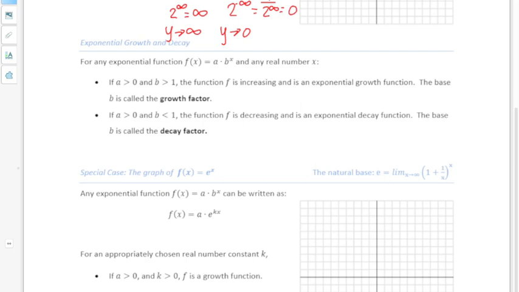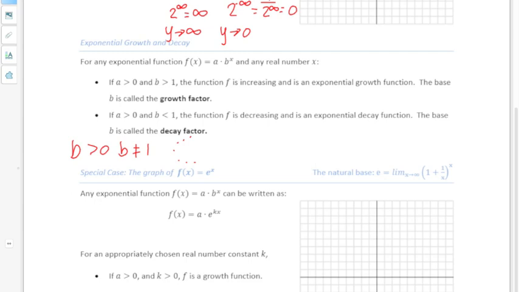And this is all remembering that b has to be greater than 0, and b is not allowed to equal 1 in particular. So if b were to go negative, the graph does this really weird alternating thing, because sometimes you'll get an even power, which would make the negative positive, and sometimes you'll have an odd power, which will make it negative. And it does this very weird jumping back and forth with points that looks really weird when you do it.